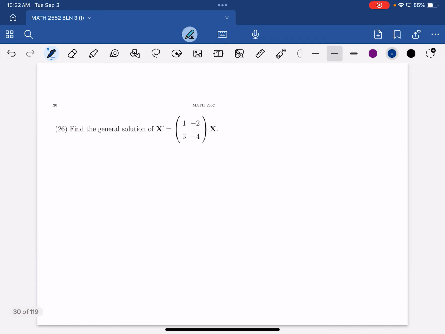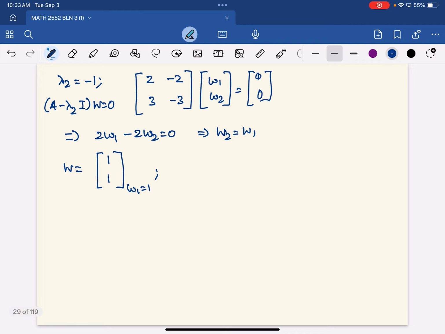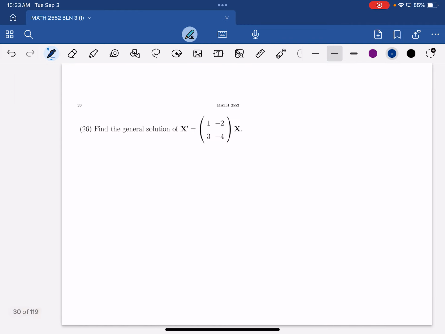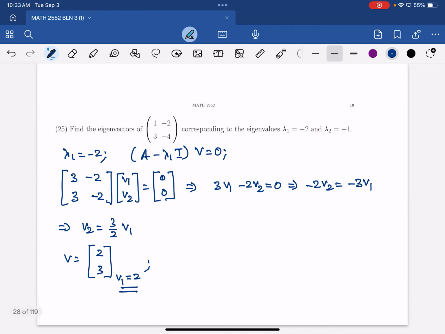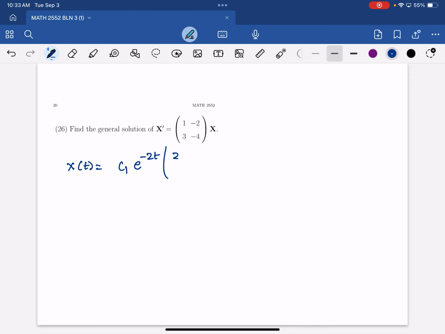So if that is true, then you can write your general solution x of t is going to be c1 e to the negative 2t times 2 and 3 plus c2 e to the negative t times 1 and 1.